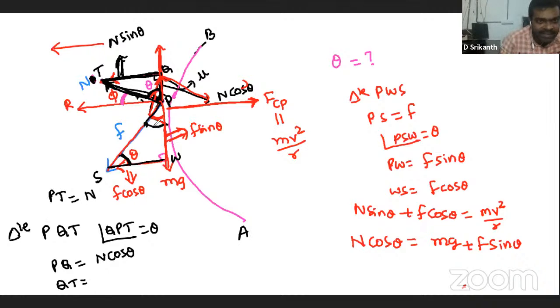So here it is 90 minus theta. That's why in the horizontal, one will have sin theta and one will have cos. The normal force will have sin theta and the frictional force is having cos theta. Similarly, in the vertical direction, vertically upwards we are having N cos theta. Vertically downwards we are having F sin theta. If one gives sin, the other gives cos.